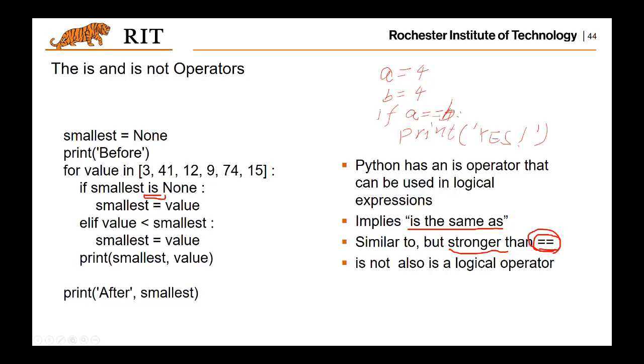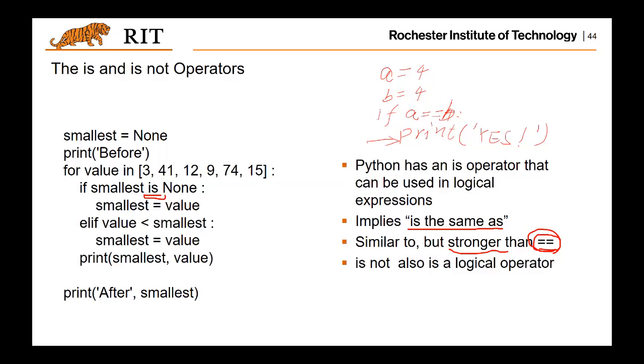All right, so tell me whether this line of code will be executed or not. Come on, give me some feedback. Do you think this line of code will be executed or not?